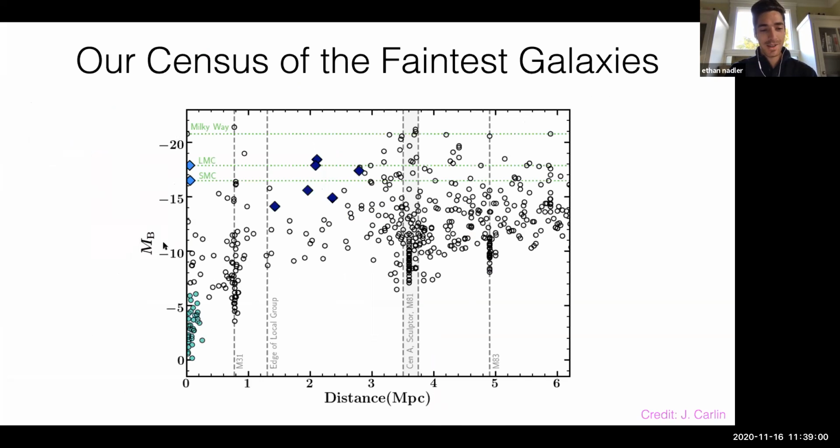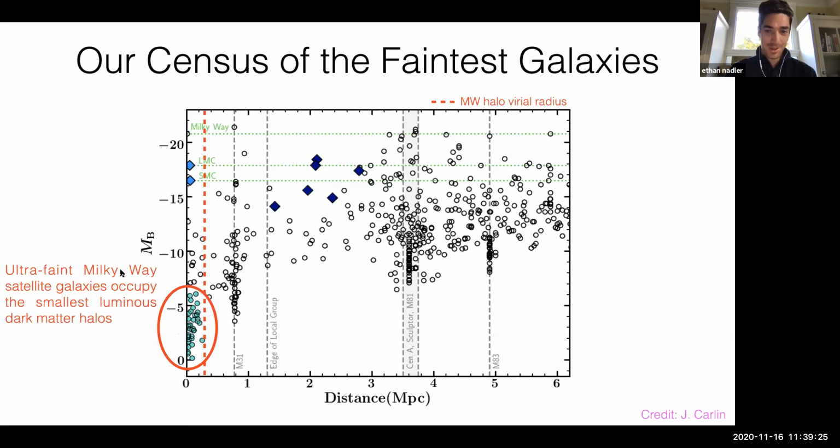So this is a plot of every known galaxy in the local universe, out to a distance of 6 megaparsecs, with the brightness of the galaxy on the y-axis. So dimmer systems are towards the bottom here. And what you can see just by eye is a very clear locus of detectability, such that we can only measure the existence of the faintest galaxies nearby.